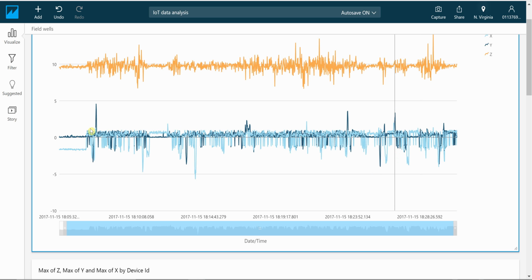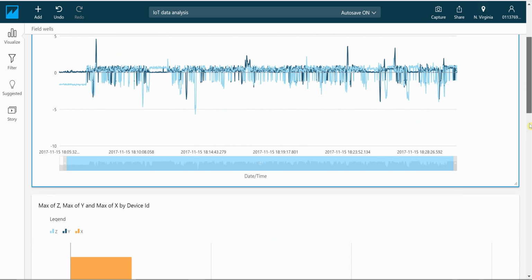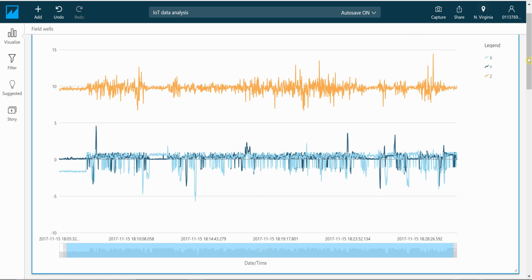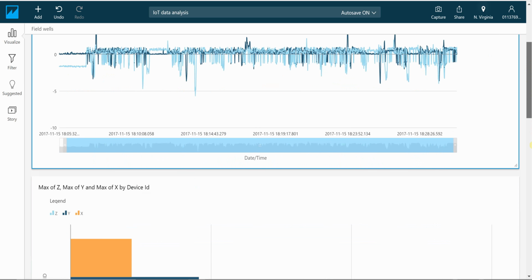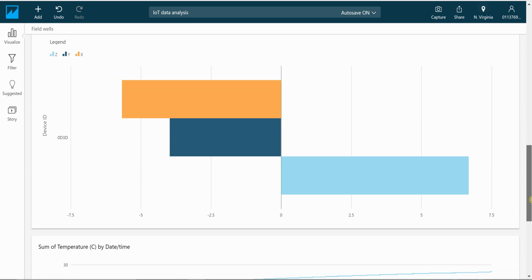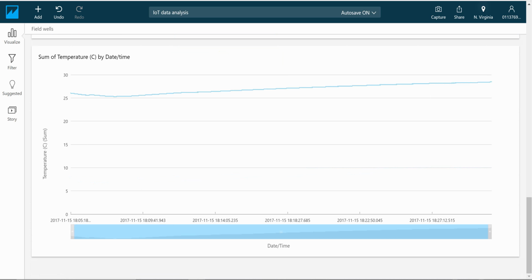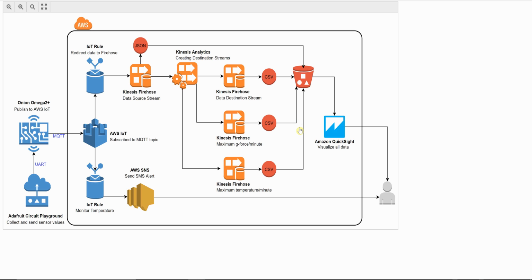Or if any of these go above 10 Gs, that's a pretty unusual force that's experienced. So that could indicate a very dangerous accident that the car may be in. So all of that is being monitored in real time, and all of those functions can be implemented.